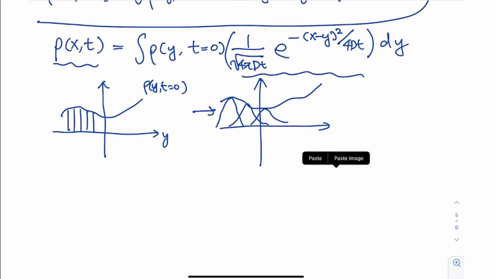Now we are trying to say why we talk about this diffusion equation, which is a macroscopic equation. We are trying to make some connection with our microscopic understanding.